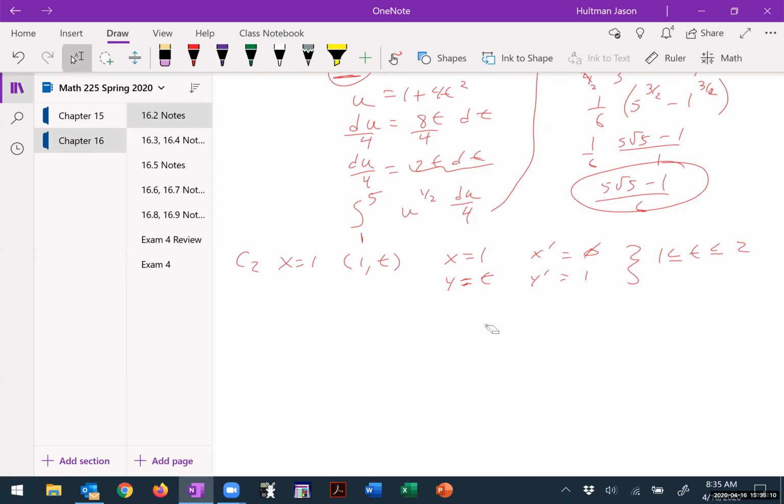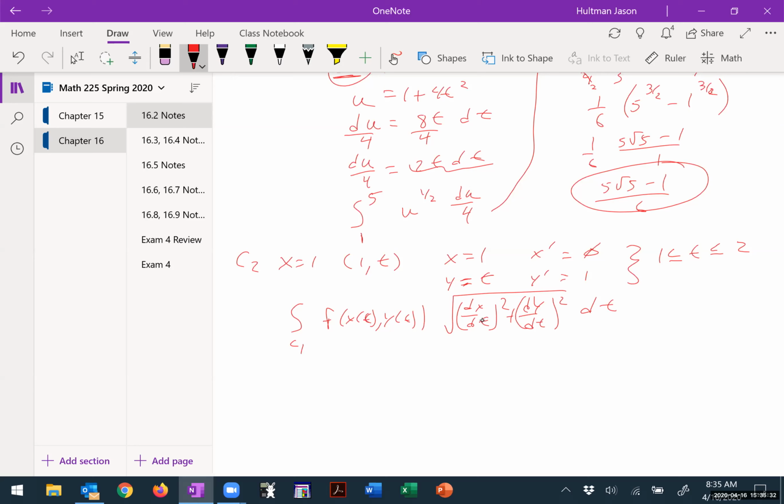Okay, so we have our setup. The integral over C2 of f of x of t, y of t, times the square root of dx dt squared plus dy dt squared, dt. Again, what do we want? We want 2 times x.